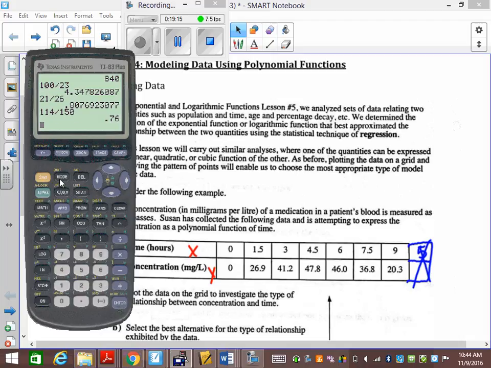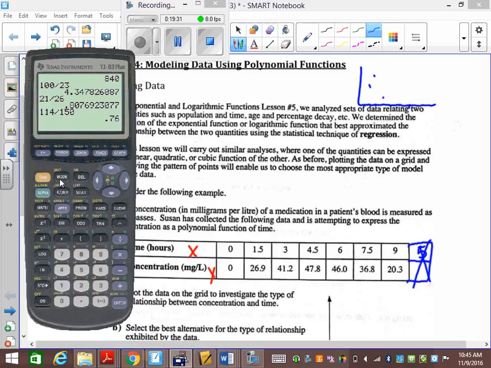So there's this thing called a regression equation, which is what we're finding. And then there's an R squared, which is the correlation coefficient, which will make sense in a second. So if I was looking at data on a graph like this, and I drew all the points, and the points look like this. And I said, I want you to come up with a linear equation that fits this data.